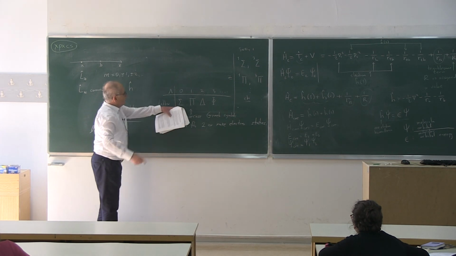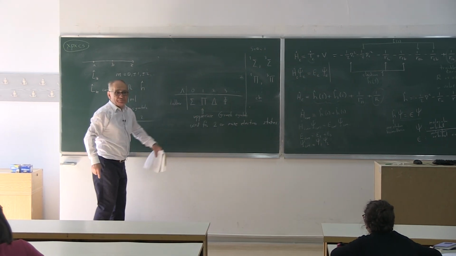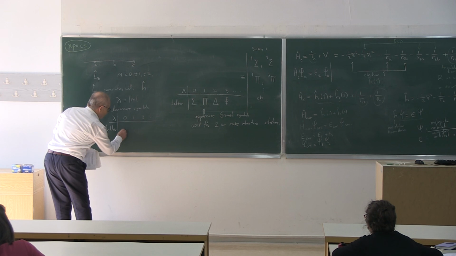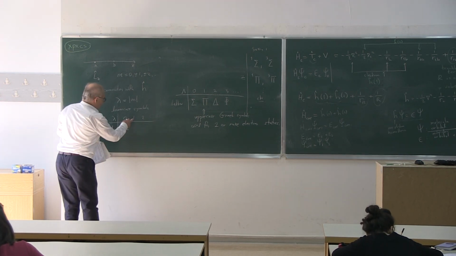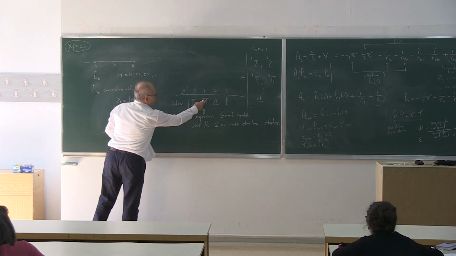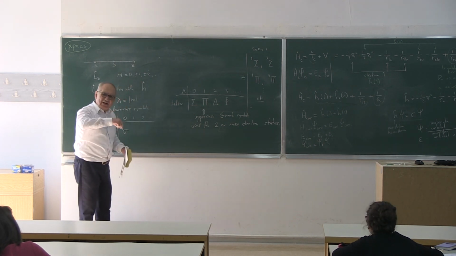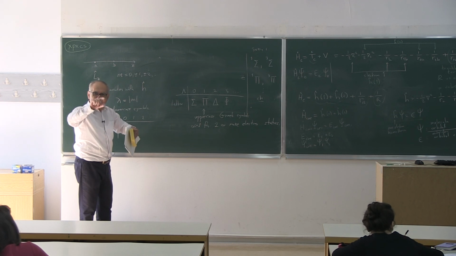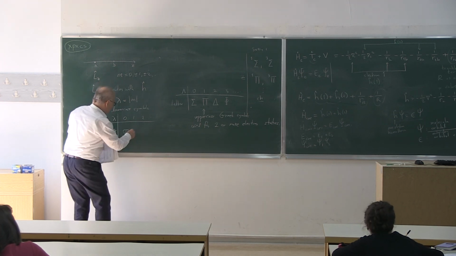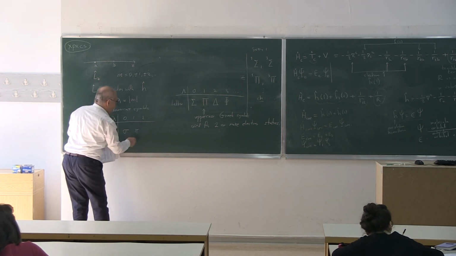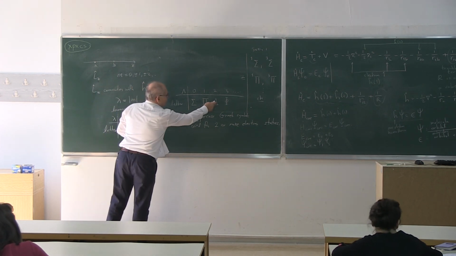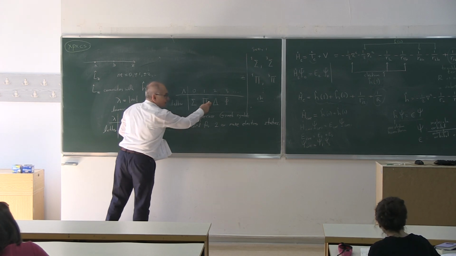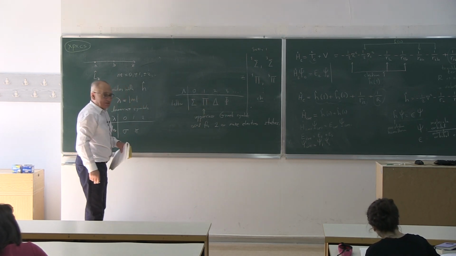What is the lowercase of sigma? Which symbol? It is this symbol, lowercase. For lambda equals 1, lowercase pi looks the same as uppercase, but just the height is small. Lambda equals 2 is uppercase delta. What is lowercase delta?